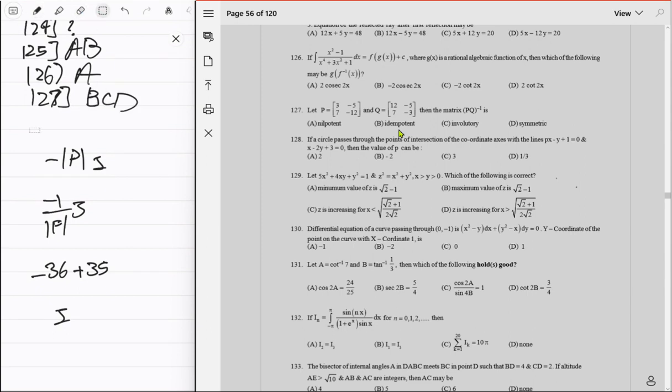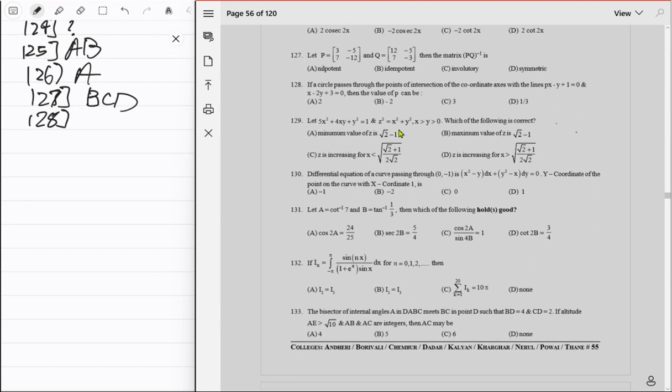PCD. Next question. 128. If a circle passes through the points of intersection of the coordinate axes with the lines px minus, okay, whatever the value of p is, the circle passes through the points of intersection of the coordinate axes with these lines. Wait. Circle passes through those points.